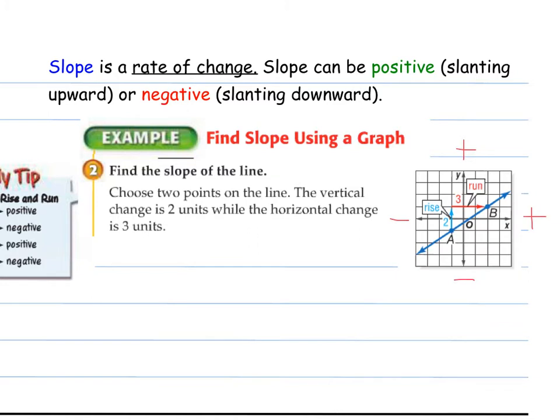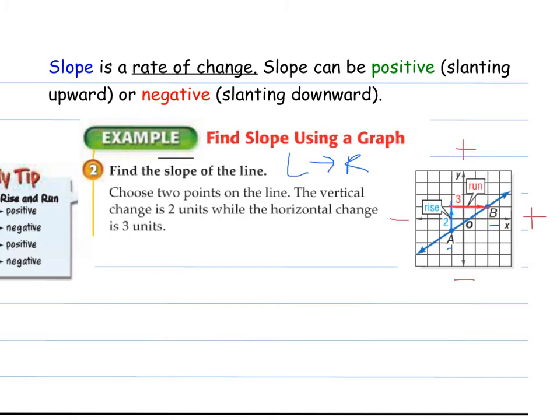So to find the slope of a line, we can choose 2 points that are already on the line. Okay, so it looks like we picked this point A and this point B. And we can find the change to get from one to the other, and we always go left to right. So from point A, it looks like we have to go up 2, and it looks like we have to go over 3.